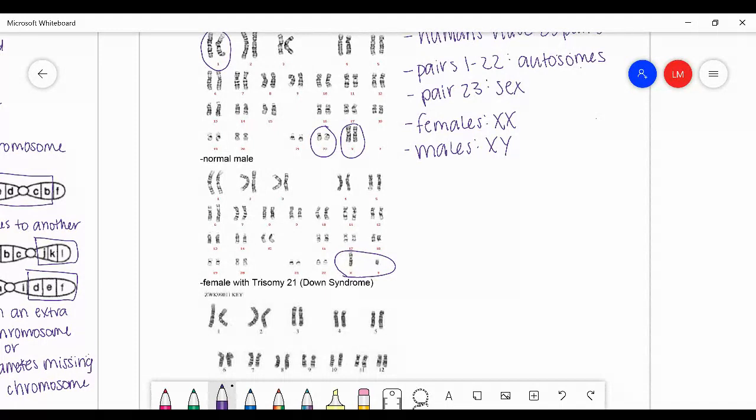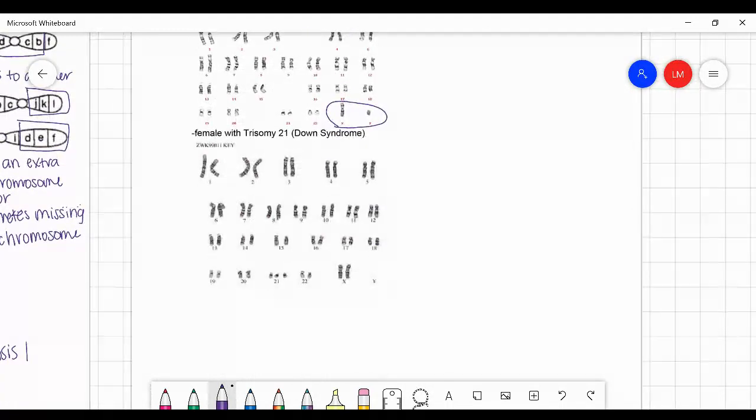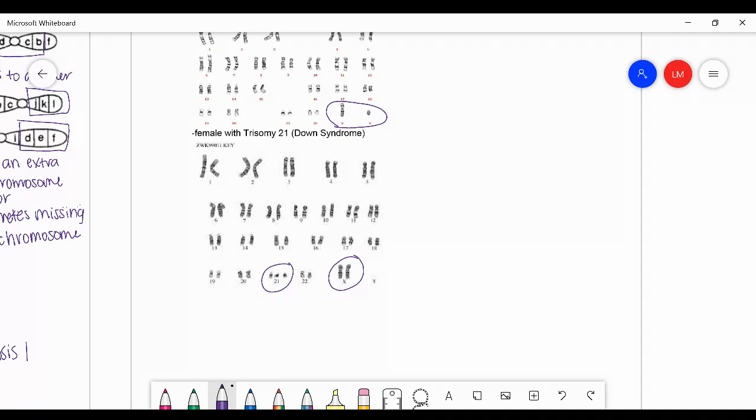And last, I want to look at a karyotype with an abnormality. Specifically, this karyotype is a female, which I know because there are 2 X chromosomes there, with trisomy 21. And we say trisomy 21 because that tells us that the individual has 3 copies of chromosome number 21 instead of 2.